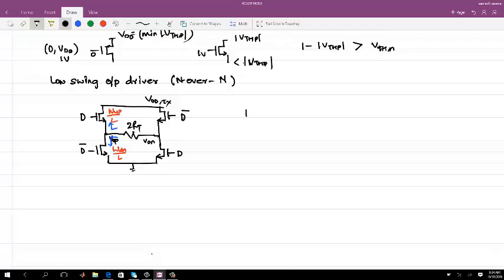In one of the operating modes, this particular NMOS is on and this NMOS is on. There's a differential thing, both are on, and just pick up a voltage. Let's say this is 0.5 volt. And if this is equal to 2RT, then this is 0.375 and this one is 0.125.